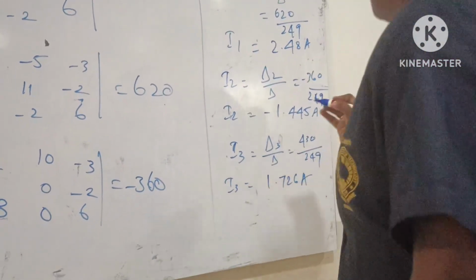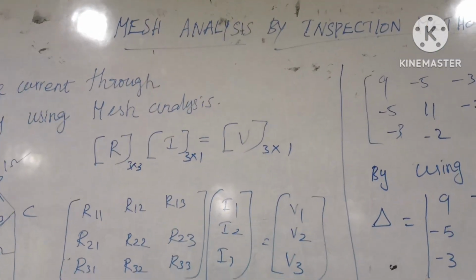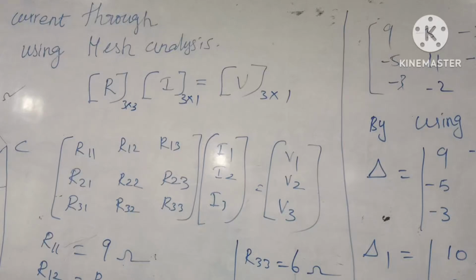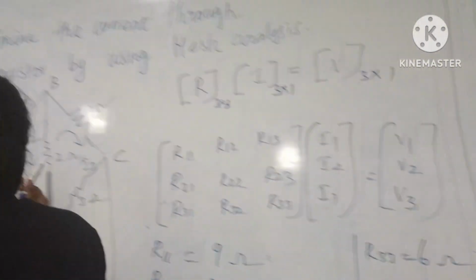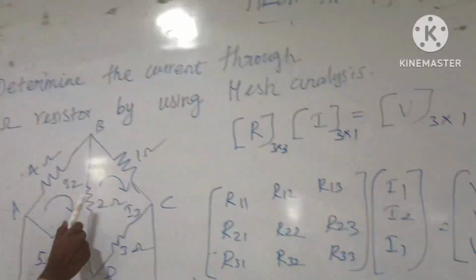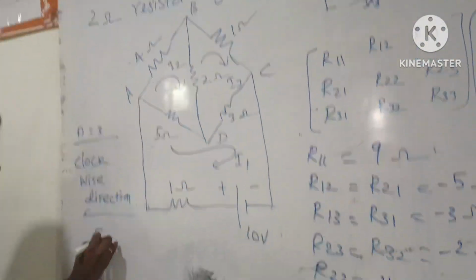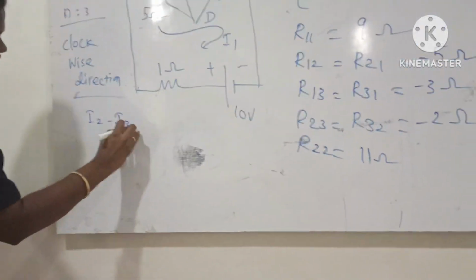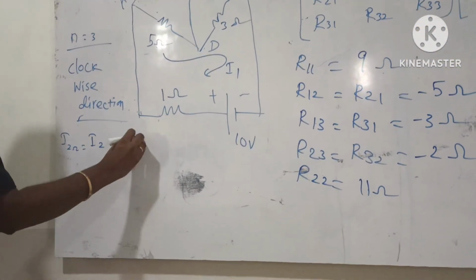So I3 is 1.726 amps. Now determine the current through the 2 ohm resistor. The 2 ohm resistor is common between loops 2 and 3, so the current is I2 minus I3.